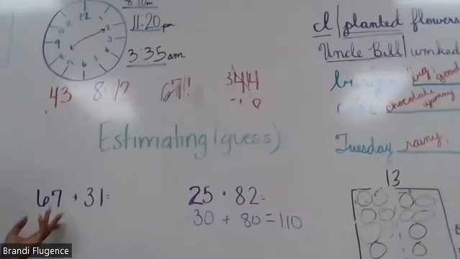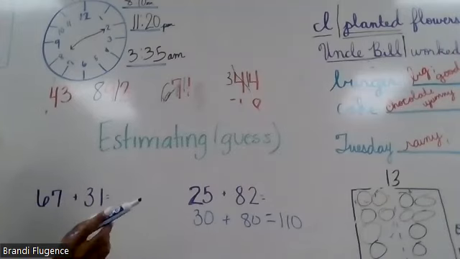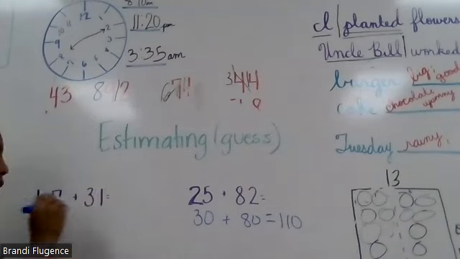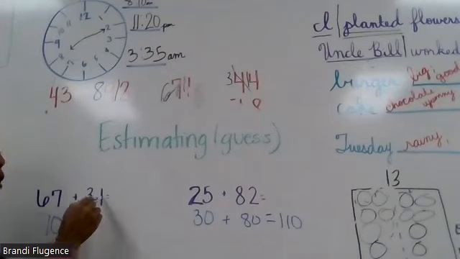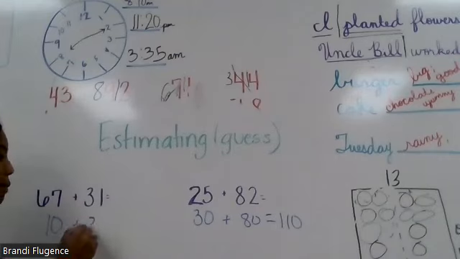All right, so let's estimate 67 plus 31. Let's round it. 67 is closer to what ten? It's closer to 70. And 31 is closer to 30 or 40? 30.